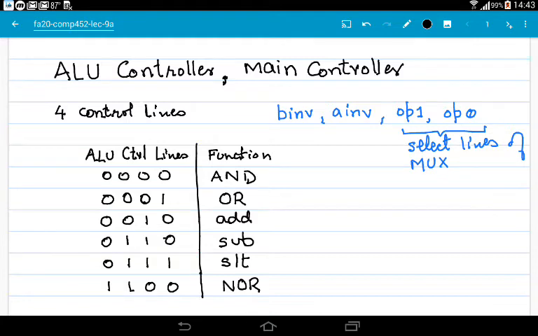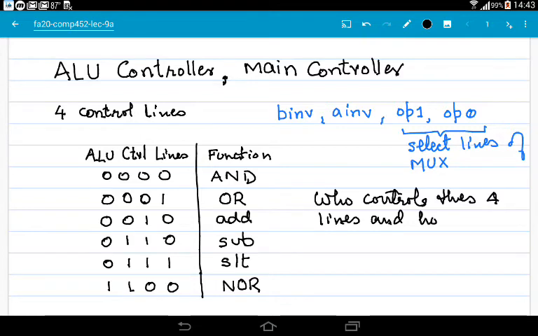All right. So now, who is going to control these four lines, and how are these four lines going to be controlled? That's what we want to ask. Who controls these four lines and how?